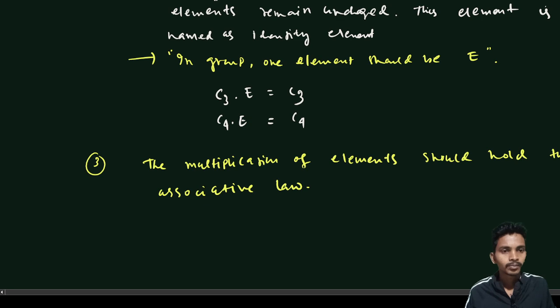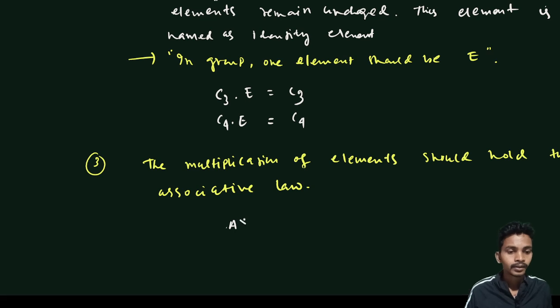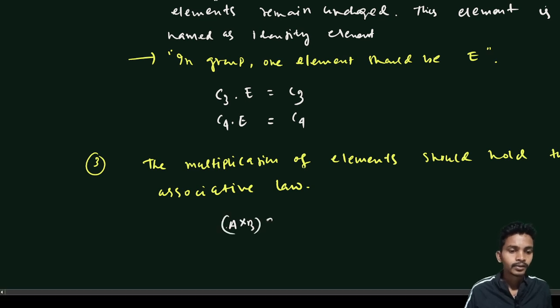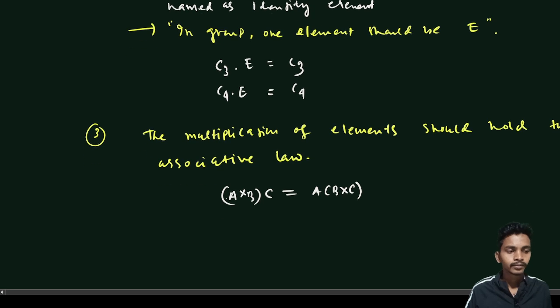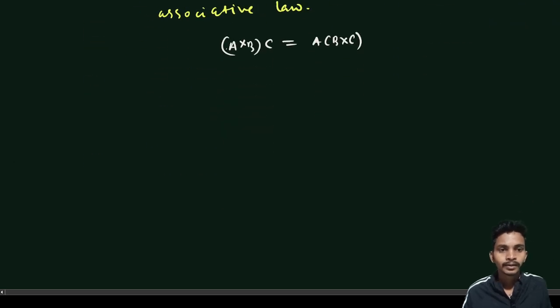This is the third property. They should have the associative law. Let's say for any symmetry operations, A into B C is equal to A B into C. This should be followed.